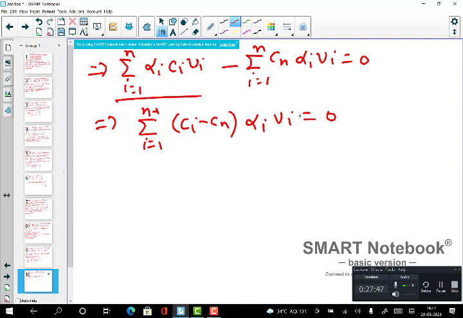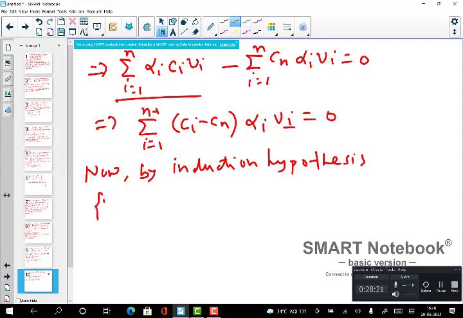Now this is the equation of linearly independent vectors. This equation has n minus 1 many such vectors. So now by the induction hypothesis, v1, v2, ..., vn minus 1 is a linearly independent set, right?